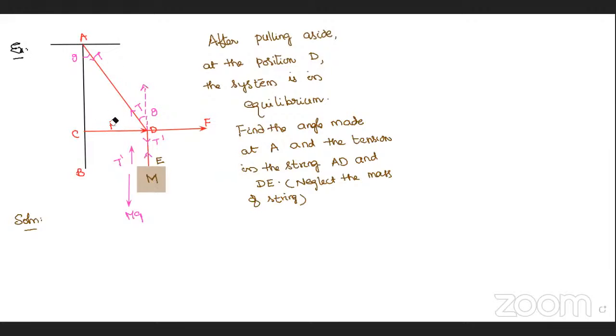So here the other component I will get along this line. And net force will be 0 because it is in equilibrium. Here this will be T adjacent side, so T cos theta, and the other component is T sin theta.